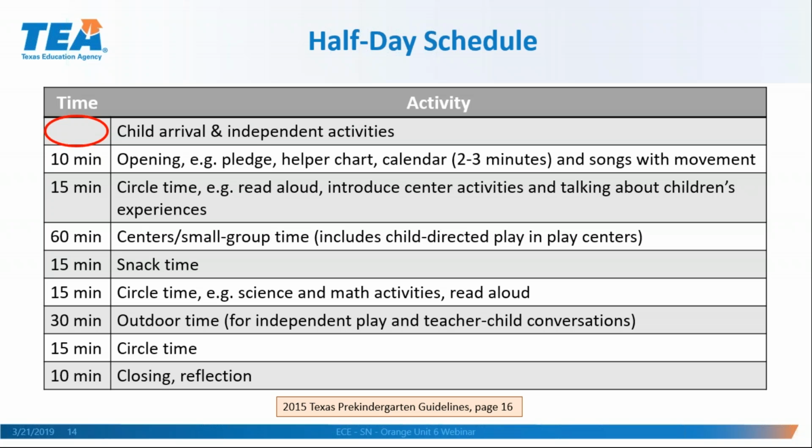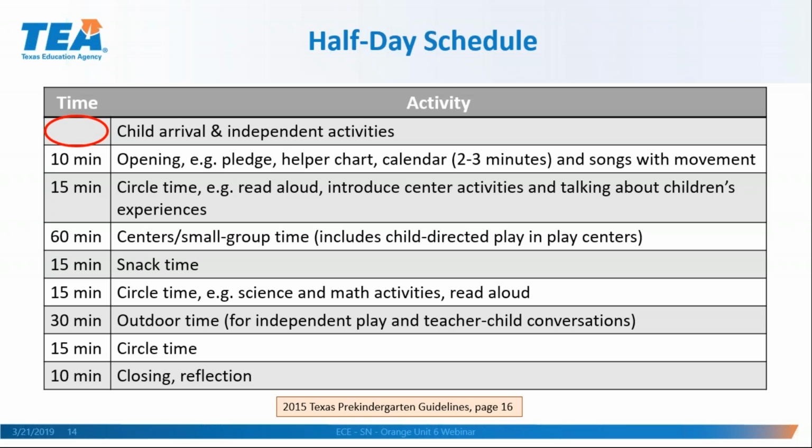This is a sample schedule. So you might alter it a little bit. Let's say you decided, you know what, I really don't want the kids to have 3 circle times. I want them to have 2. Then you might take one of those 15 minutes and you might add it to your learning center small group time, so that you have enough time to get through all the children in the small group instruction time.